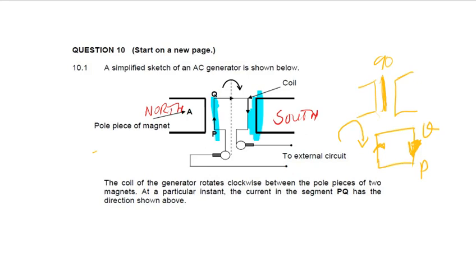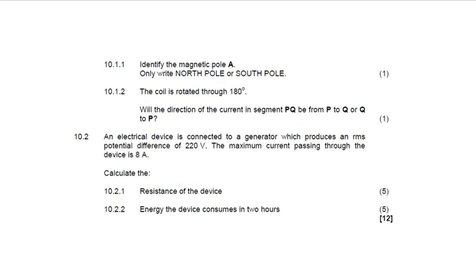So the current will flow from Q to P. If you rotate it 180, it will flow from Q to P. Then this one, I said it's the North Pole, because the current flows from north to south. Check the direction of the current, then it will tell you if that is flowing from north to south.